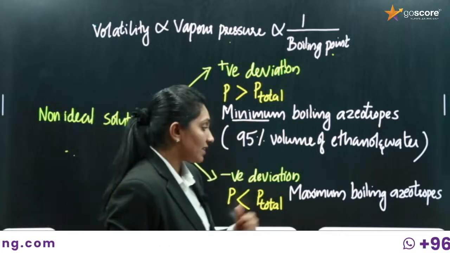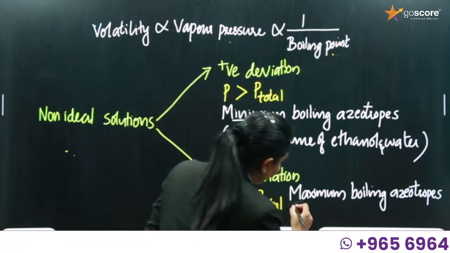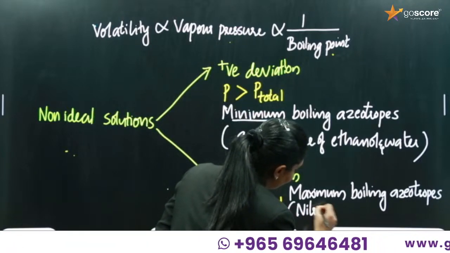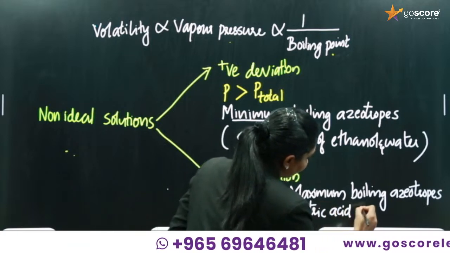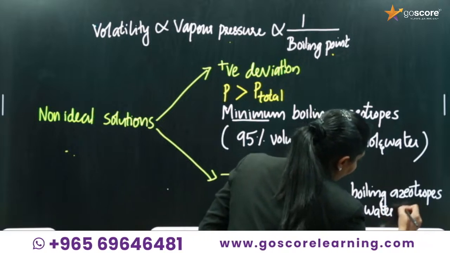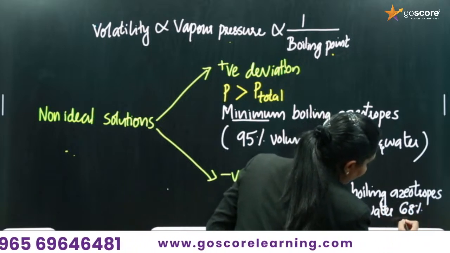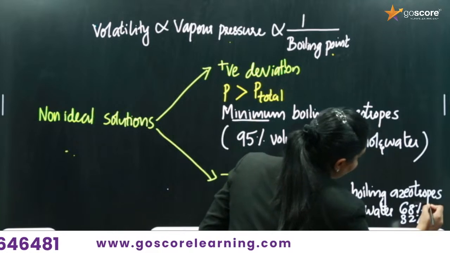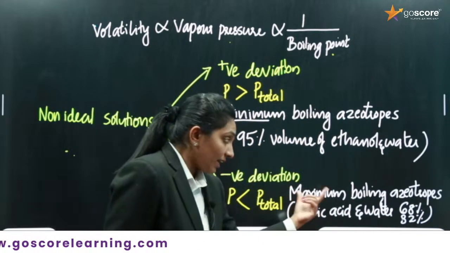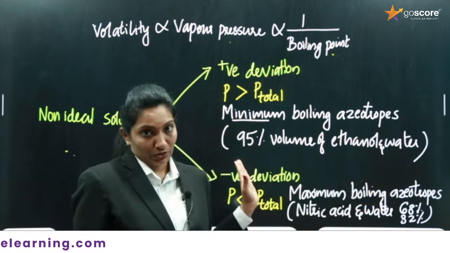Okay, and for maximum boiling azeotropes, it's a mixture of nitric acid and water. That is, 68% nitric acid and 32% water mixture is an example for maximum boiling azeotropes.